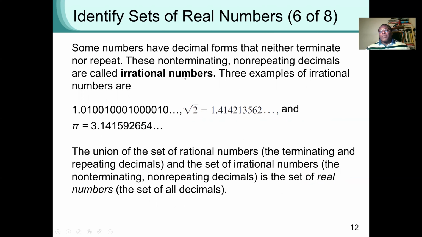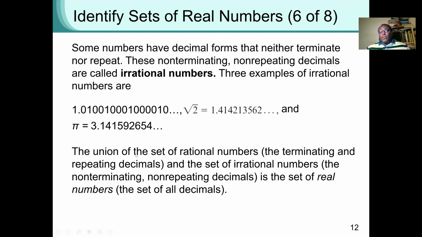Also, some numbers have decimal forms that neither terminate nor repeat. A very good example would be the square root of 2, which is 1.414213572, and keeps going. Pi is also an example, 3.141592654, and keeps going. So some numbers have a decimal form that doesn't terminate or repeat.